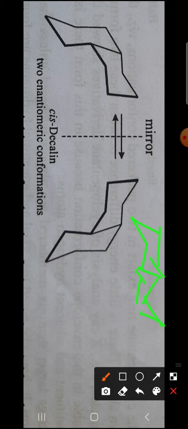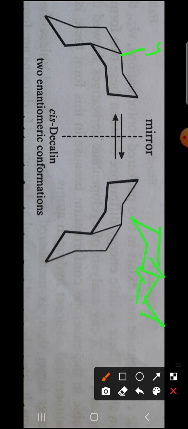So any substituent attached to the cis decalin system is free to adopt the equatorial orientation. In case of this cis decalin, if I attach any substituent, it is free to interchange between equatorial and axial.